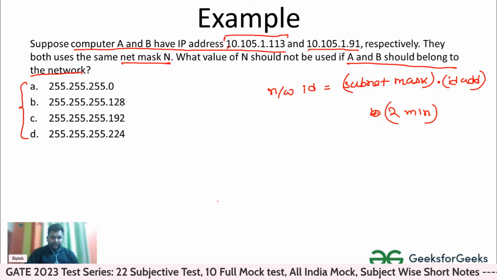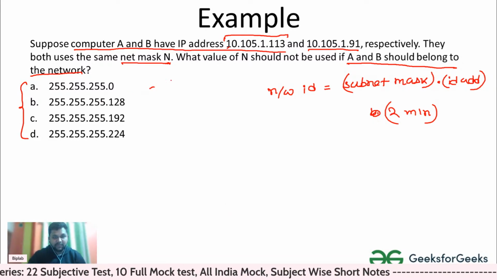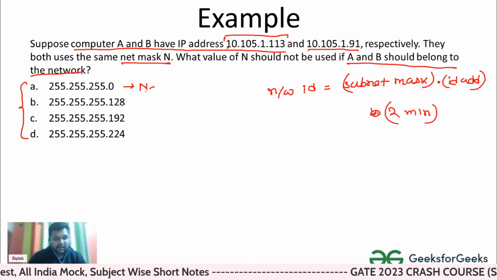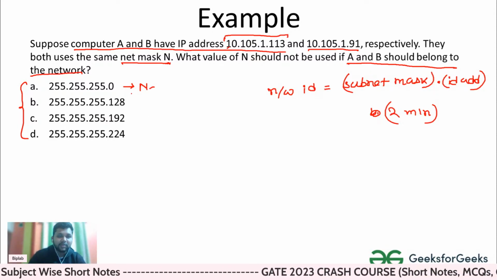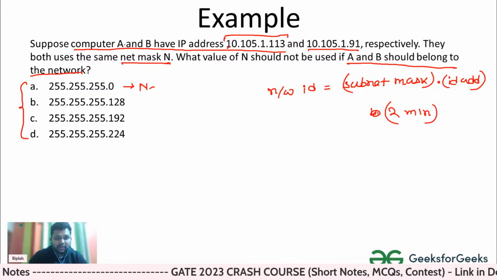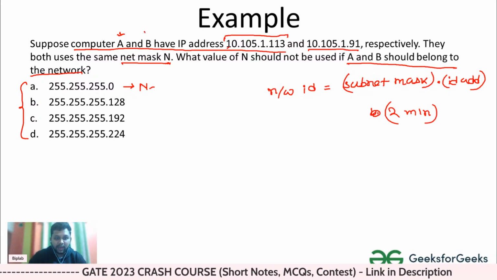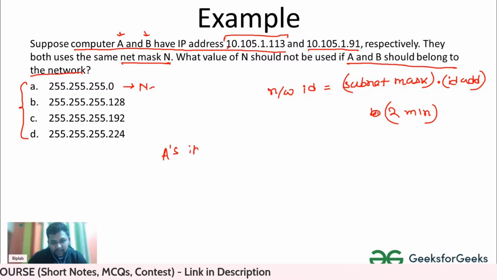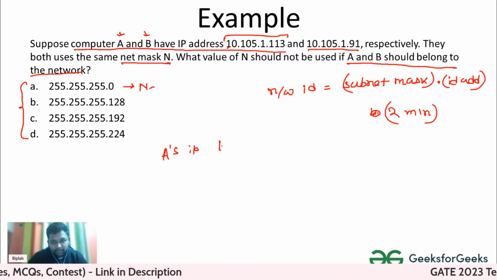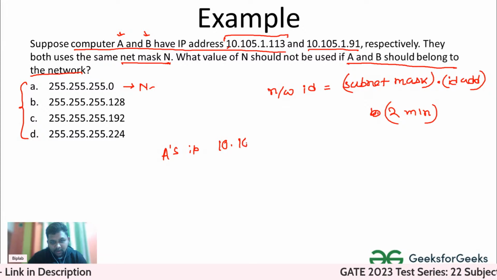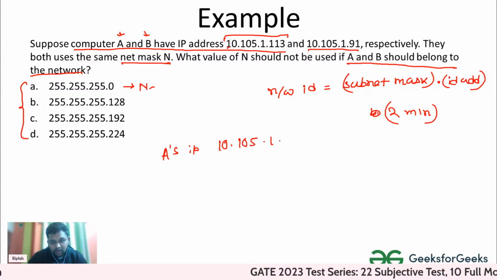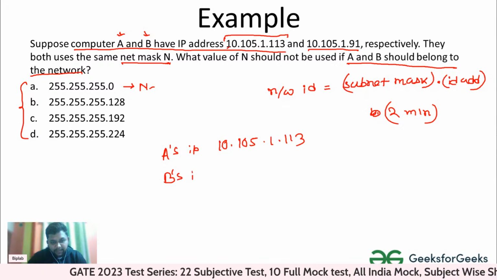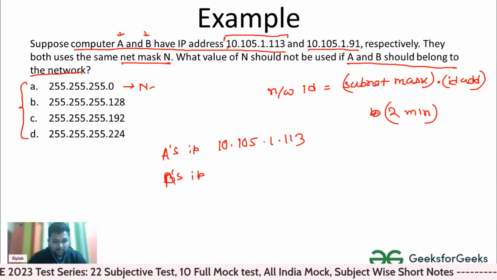Let me explain how you can solve this. Let us consider this was your net mask, used for A and for B also. Let's say A's IP address is 10.105.1.113.